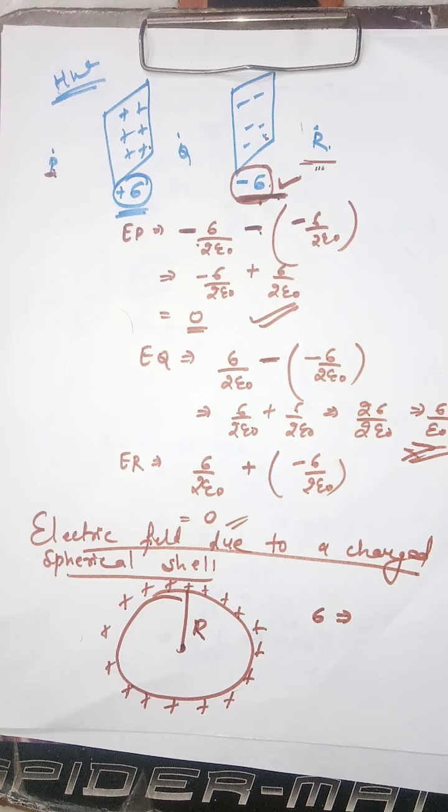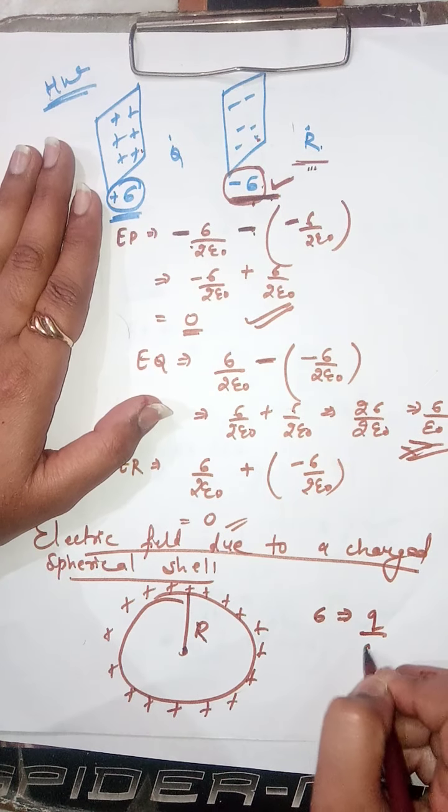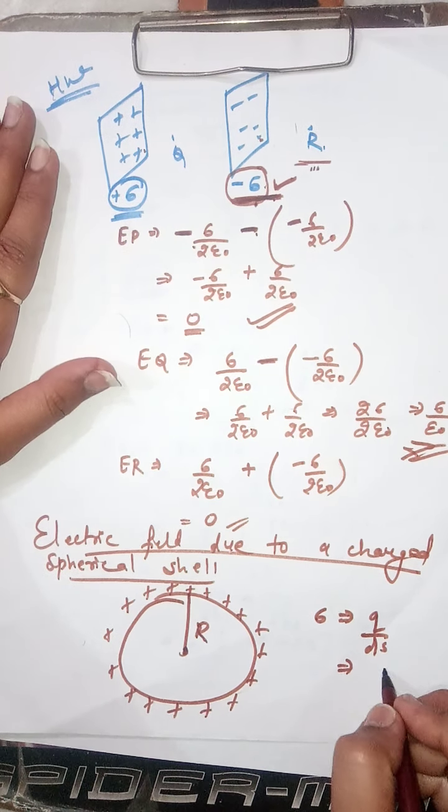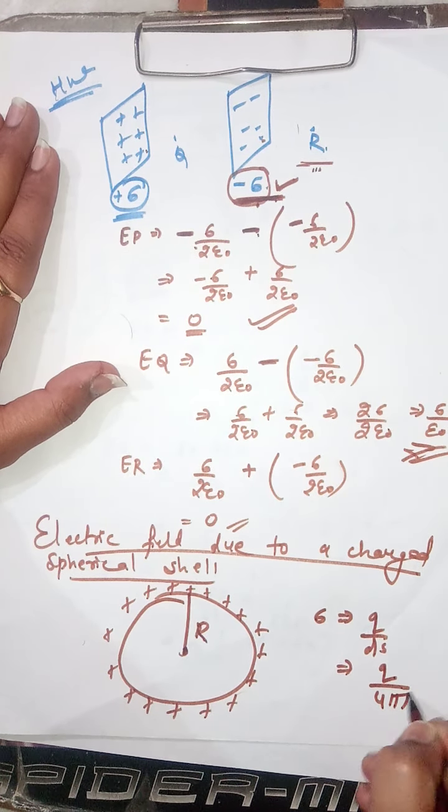Now, as we know, surface charge density is the charge per unit area. And we know for the sphere, the area is given by 4 pi multiplied by radius squared. In this case, the radius is capital R. So, this formulates to q by 4 pi R square.